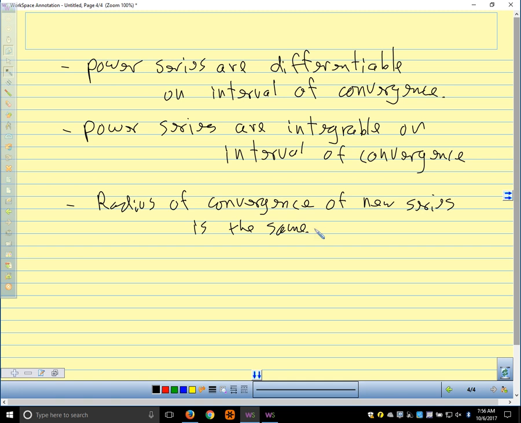So we need to retest the endpoints. If you take the derivative of a power series or integrate a power series to get a new power series, you need to test the endpoints.